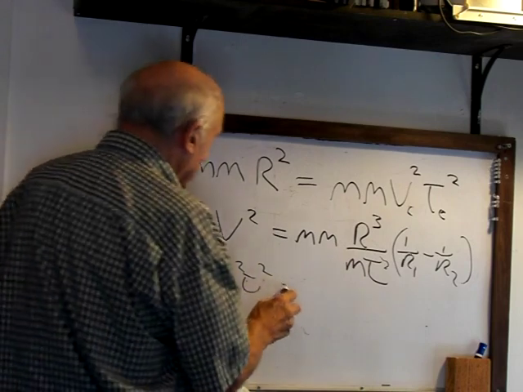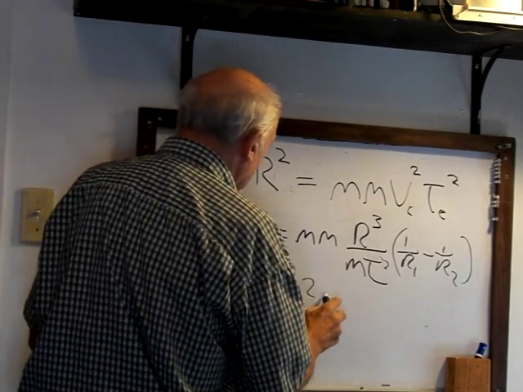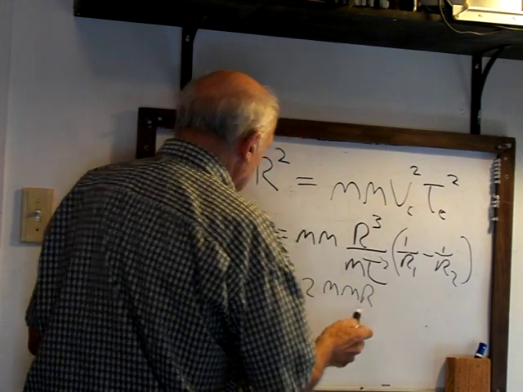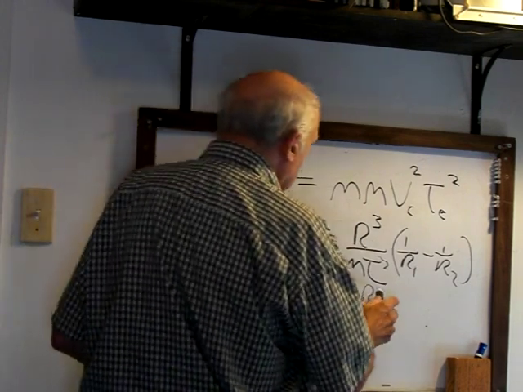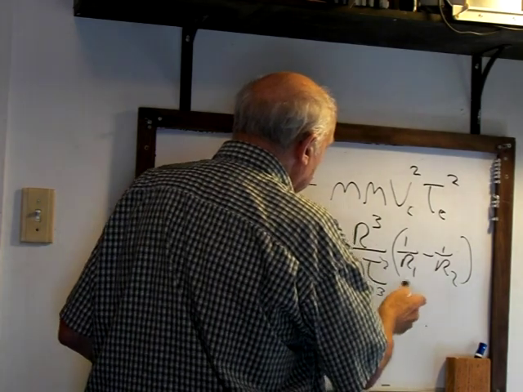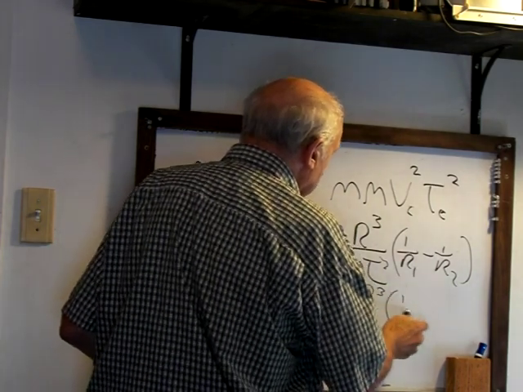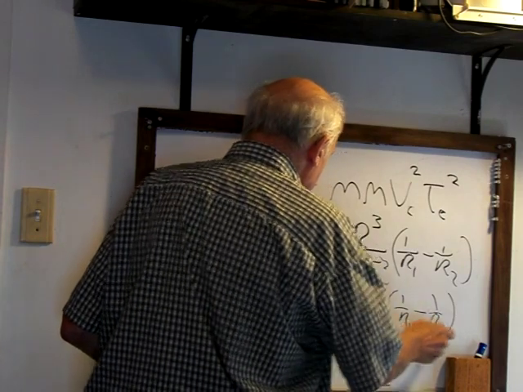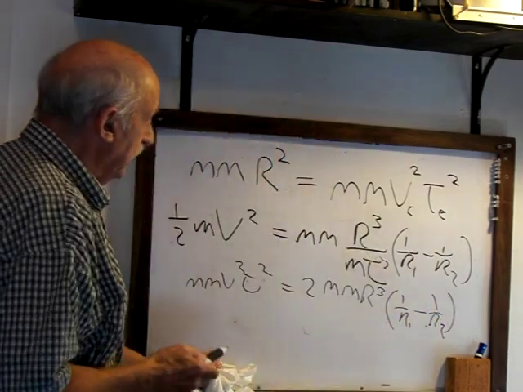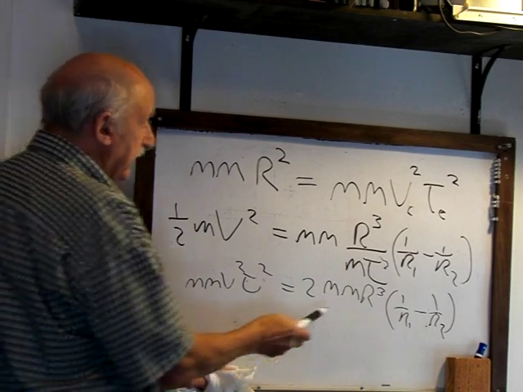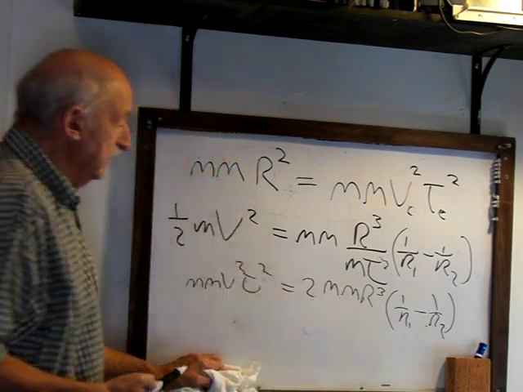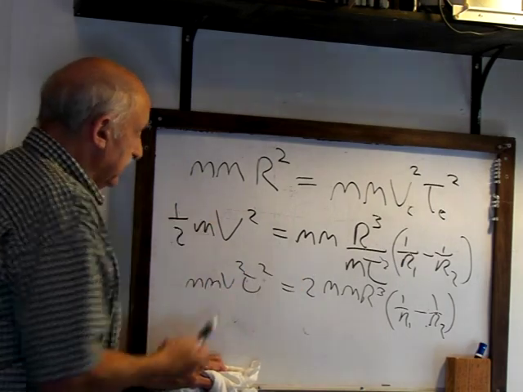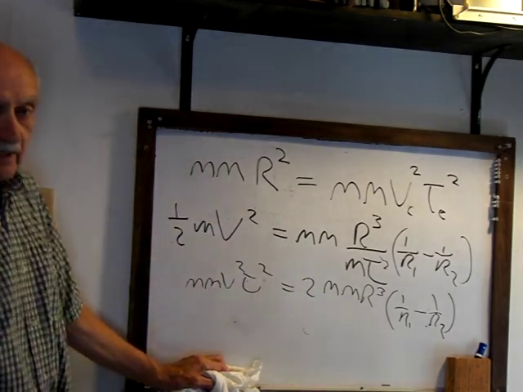Multiply both sides by 2, and you get 2 r cubed, and here you have the difference in the radiuses. And you see that's not very different from that equation. Dimensionally they're identical, because you have over here r squared, well that's the other way around, of course, r squared this side. But as you see, it's not that far out.